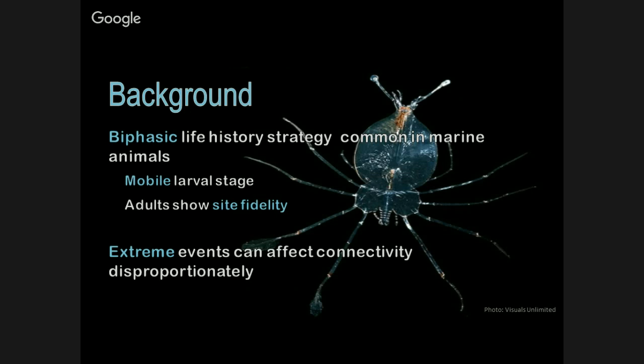But every now and then we have these sort of extreme events that come through, like hurricanes and things like that. And those are the ones that can have a disproportionate effect on the connectivity of these larvae between islands. Because a big storm is able to move larvae a lot more, or maybe a lot further, than just your average currents can. So I'm interested in these extreme events and what they do to connectivity.